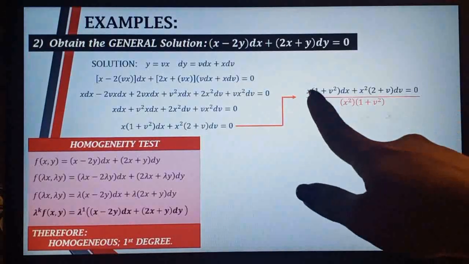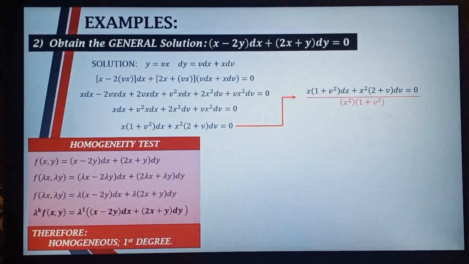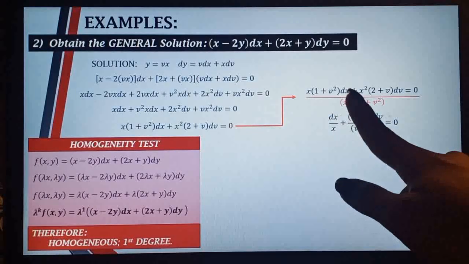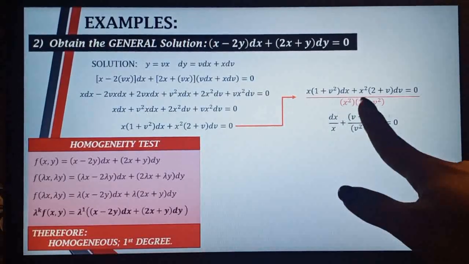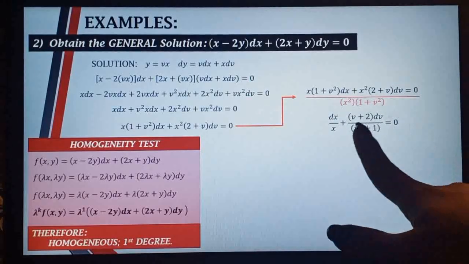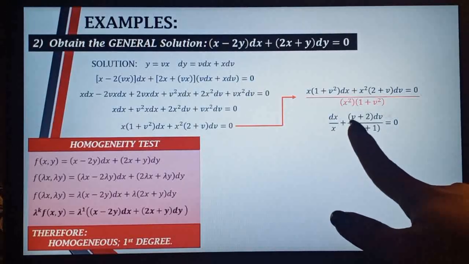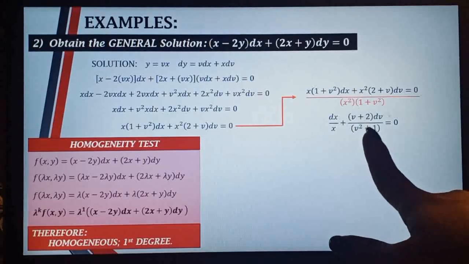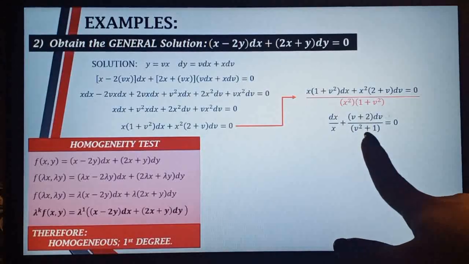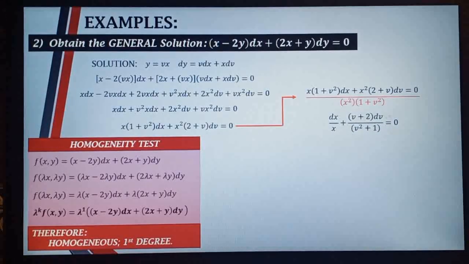So, yung first term, pag dinivide natin dun sa x squared multiplied to 1 plus v squared, matitira na lang is dx over x. Then, yung second term, pag dinivide nyo, you will now have a new equation of v plus 2 dv all over v squared plus 1, then equated to 0.